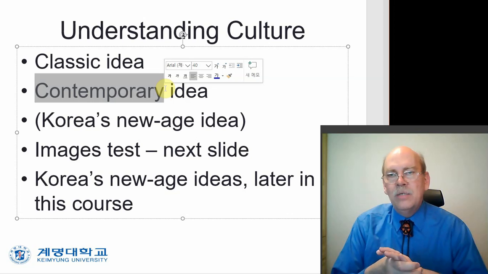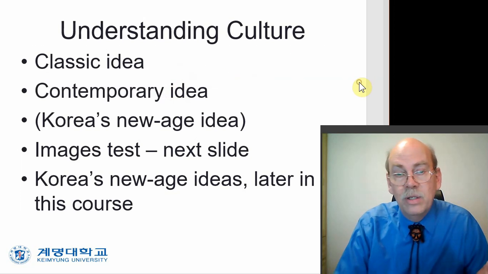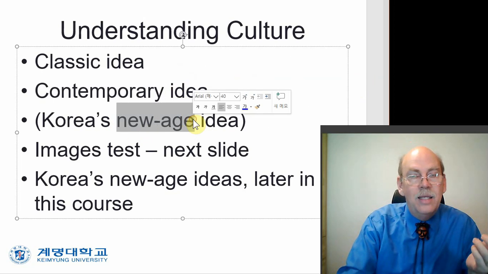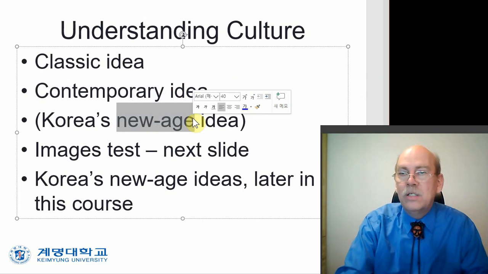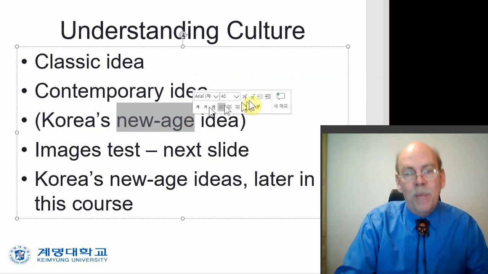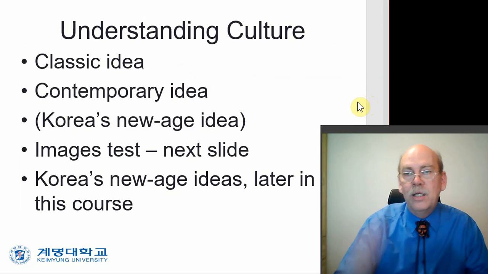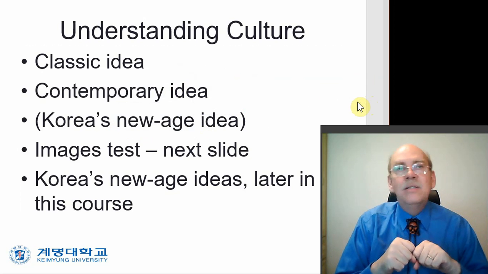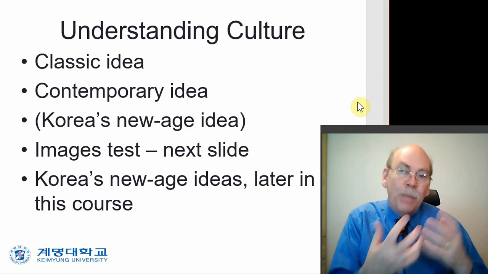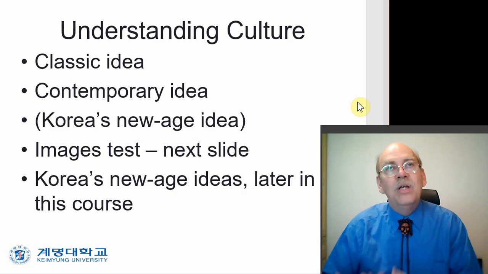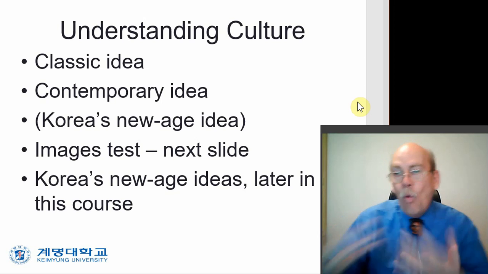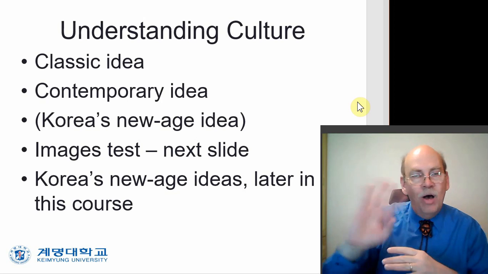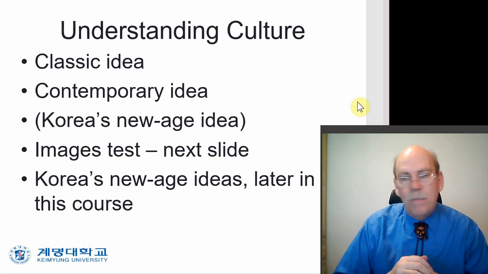And the new idea, which not everybody in Korea agrees with, this New Age, means that it is very progressive, it is ultra modern, it is super modern, it is the newest thinking, and not everybody is agreeing with it yet, but probably in 3 or 5 years everyone will agree, or maybe in 3 or 5 years everyone will say, no, that was a bad idea.